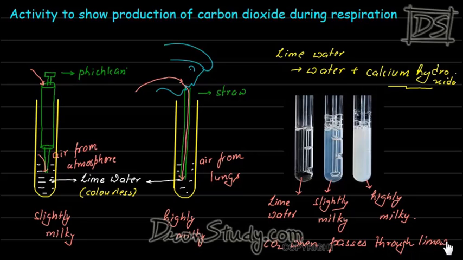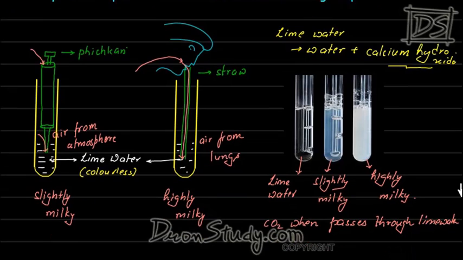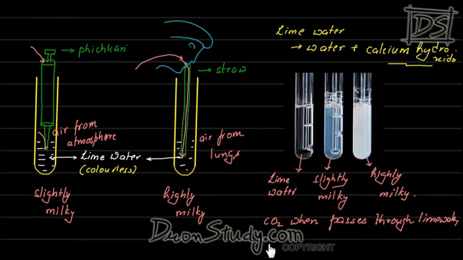Carbon dioxide has such a property that when it passes through lime water, lime water turns milky. It makes the lime water milky. Such is the property of carbon dioxide.